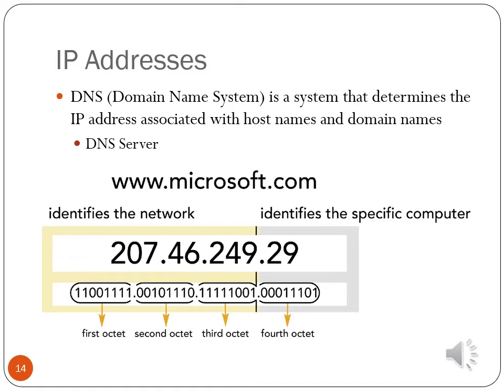www.microsoft.com. It would discover that the IP address is 207.46.249.29. That bit of data would be sent back to your computer, and then the data packets you're trying to send would have that IP address.